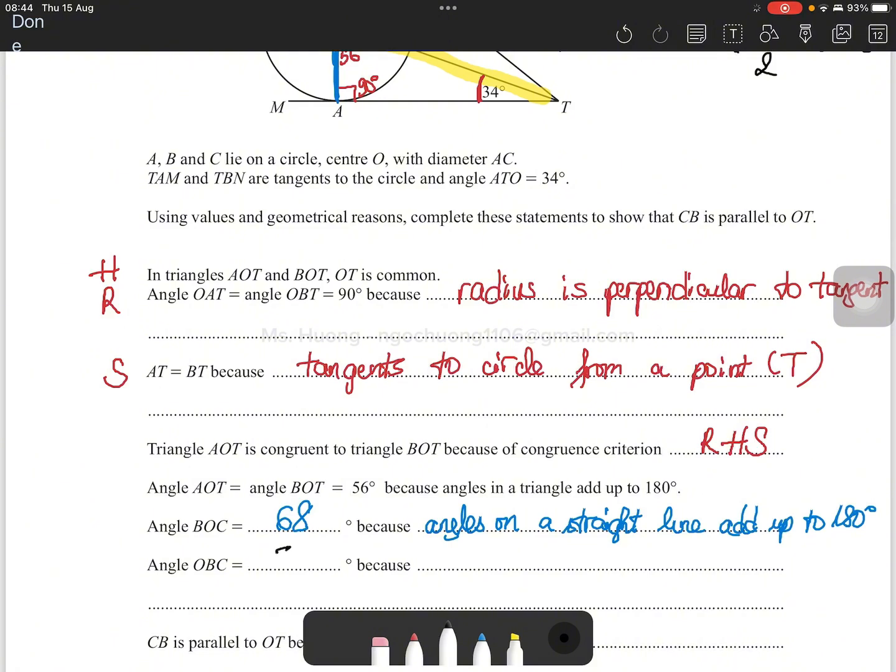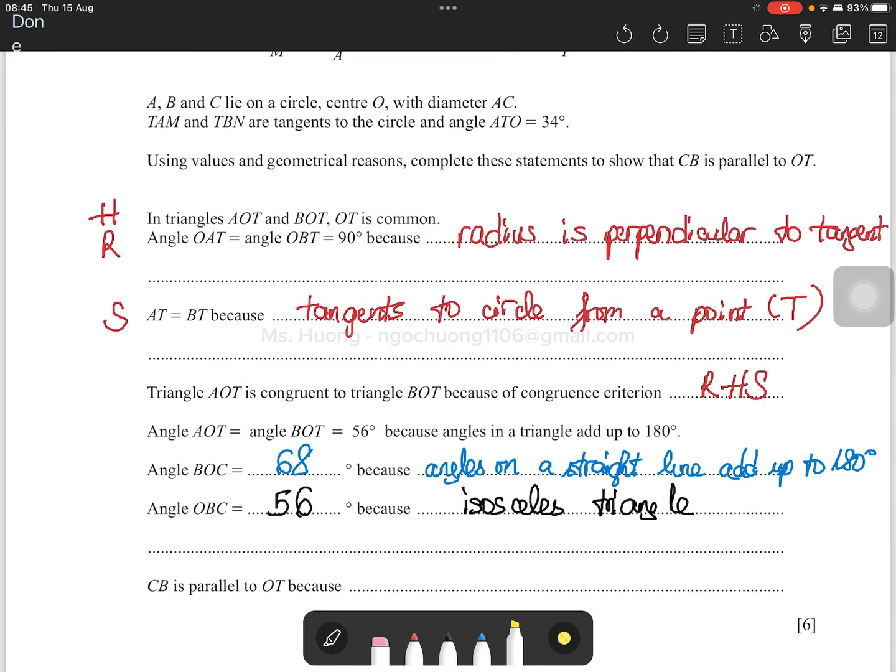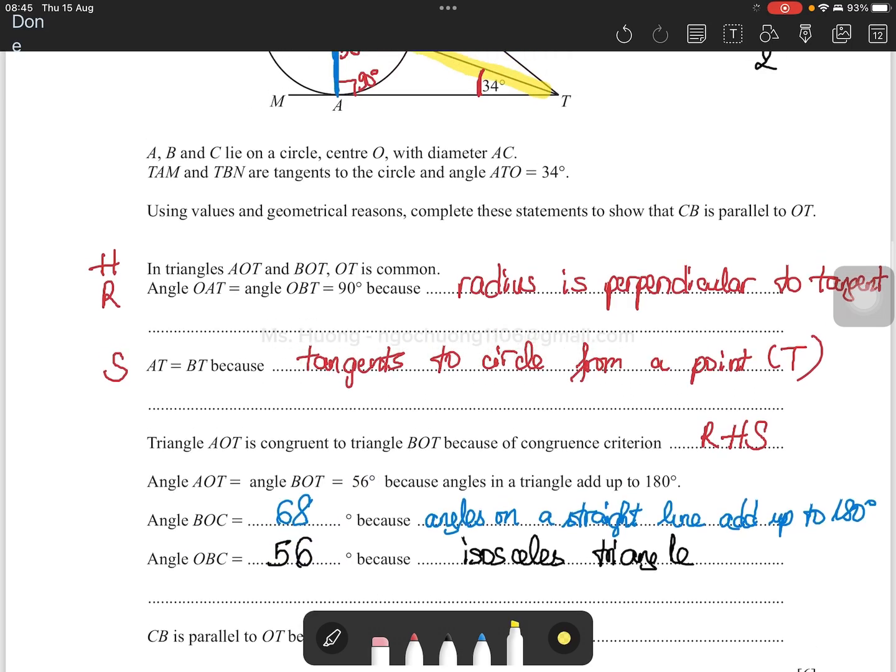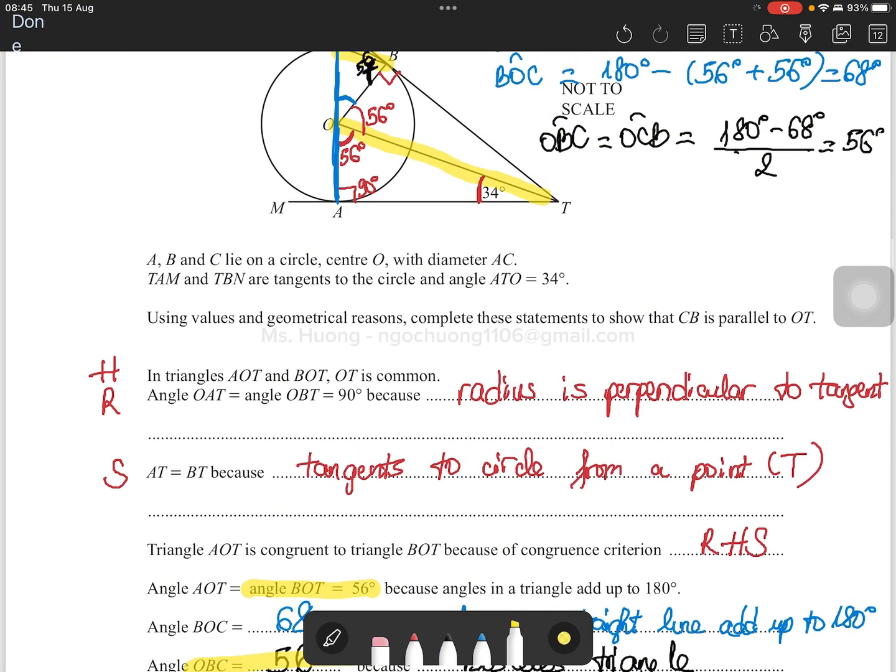And what do you notice? I'll write this one first. 56 degrees because OBC is an isosceles triangle. Now we see that the angle BOT is 56 degrees and the angle OBC is also 56 degrees.